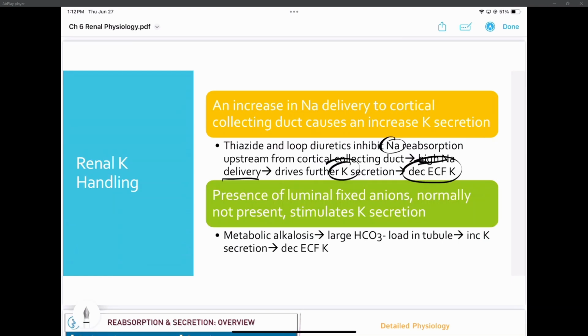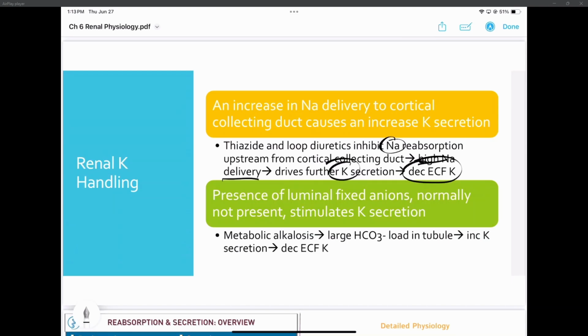That's why if people have problems with their potassium on a loop or a thiazide diuretic, what other option of a diuretic can we give them? The last one we learned about, the potassium-sparing diuretic, because that one is an aldosterone antagonist. So it's going to do the opposite of aldosterone, but it's going to keep potassium in the blood.